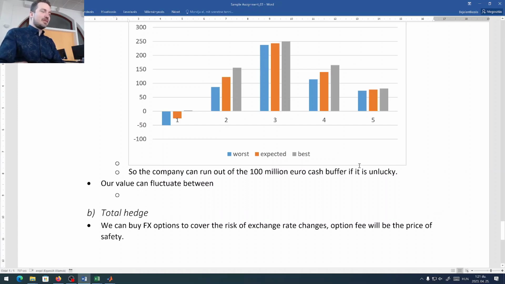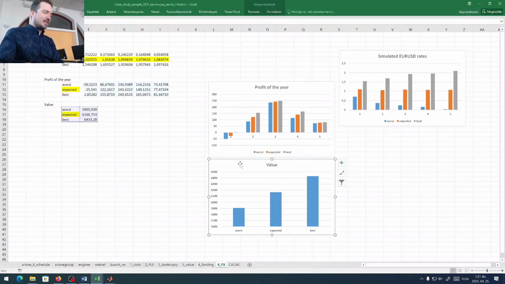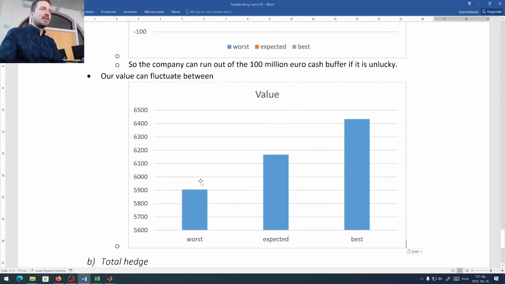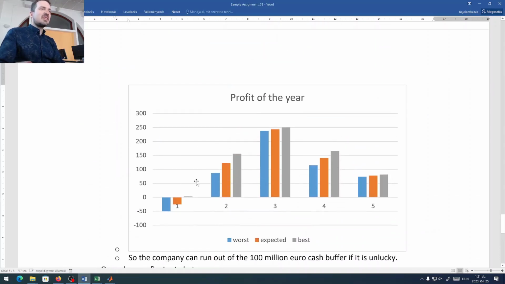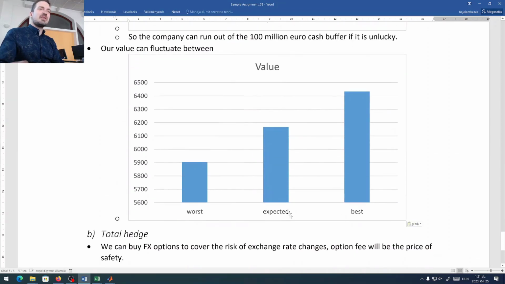This is a nice warning that, yeah, it can be relevant. In such a scenario, when the euro loses most of its value, maybe we will have other problems as well, so not just this one, but yeah. But otherwise, we can see that the value of the company is quite robust against changes.